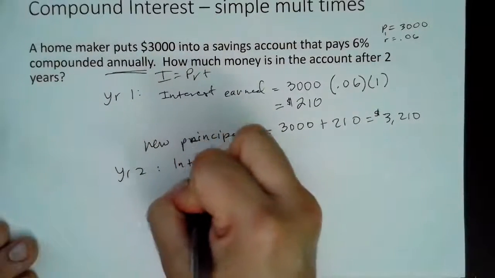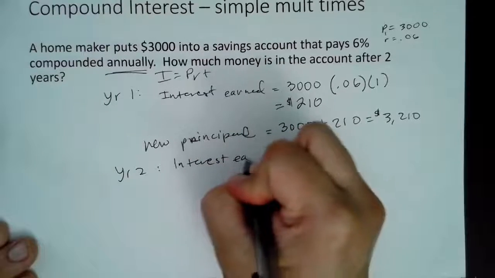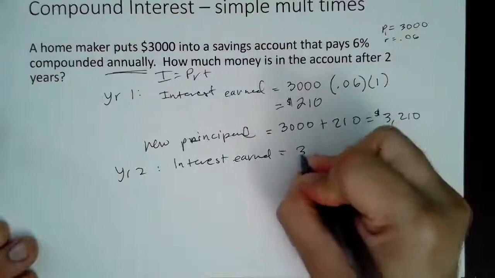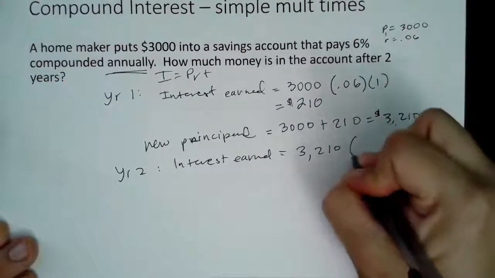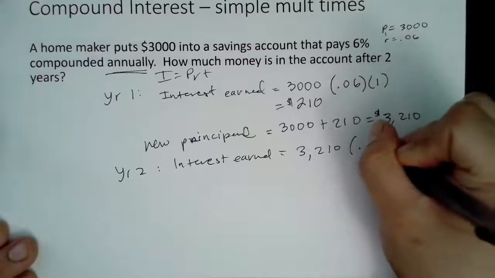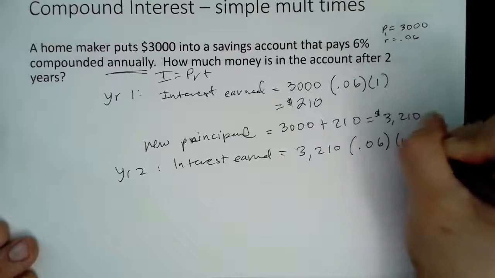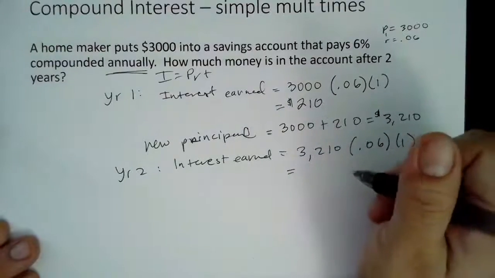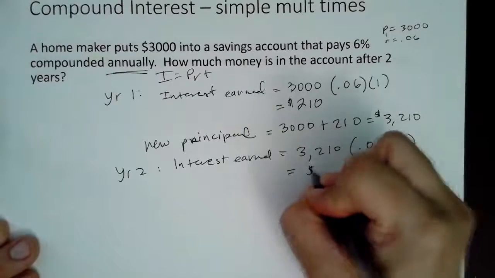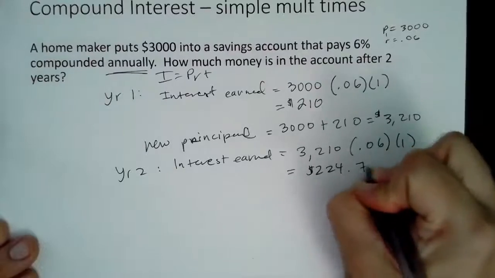So year 2, the interest earned is going to be the principal, 3,210, times the interest rate, 0.06, times 1, and that's going to be $224.70.